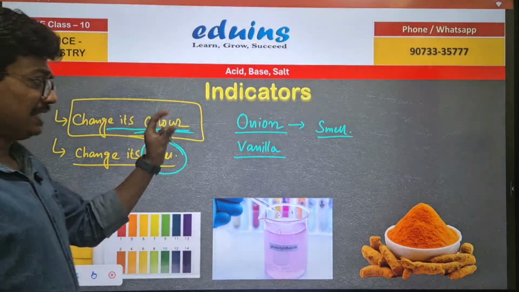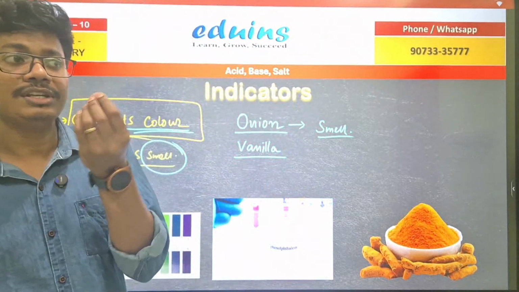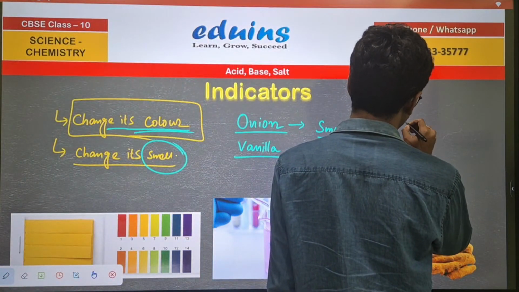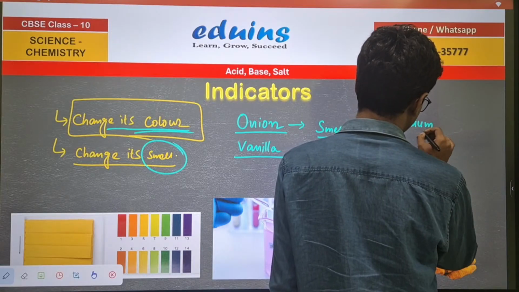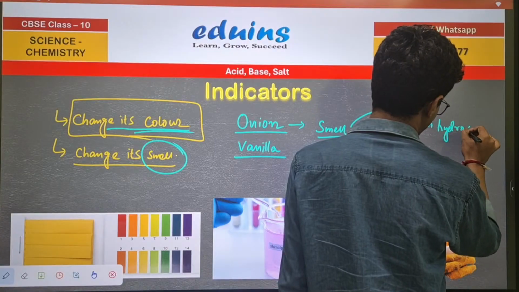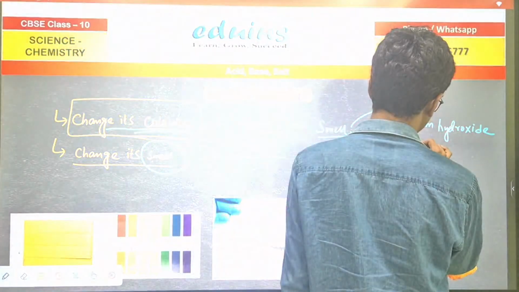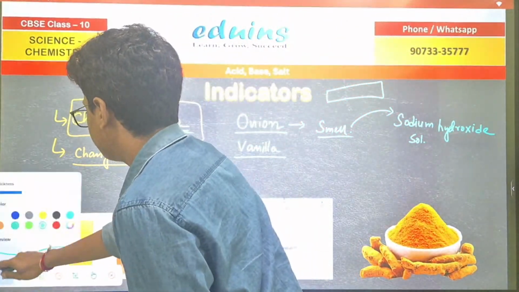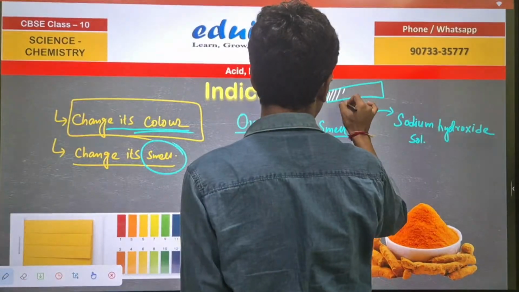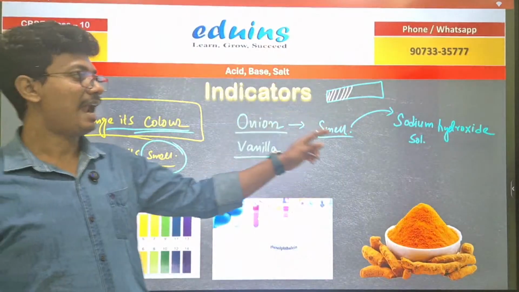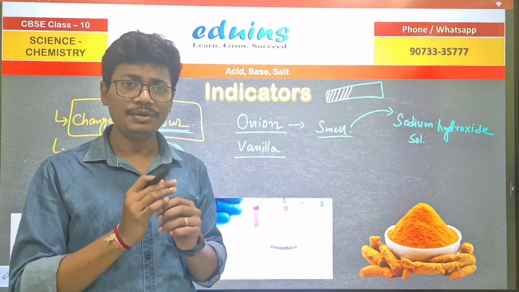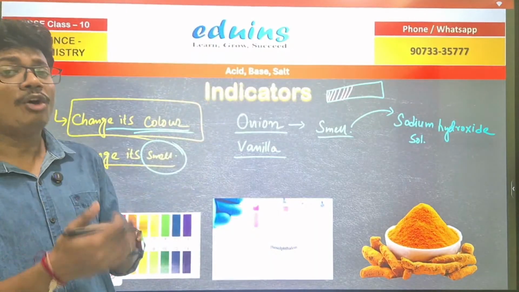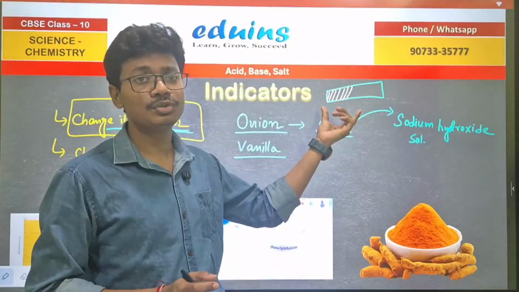But take a paper strip, dip it in onion extract, or onion juice, then add some sodium hydroxide solution. After a few seconds, you will not be able to smell the stinky onion smell.